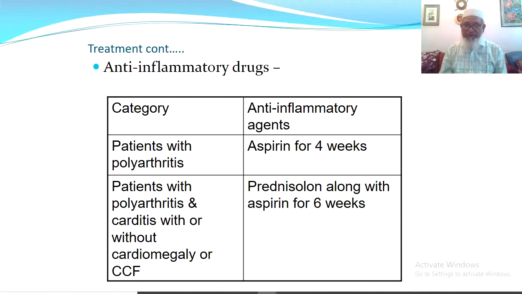The most common and efficient anti-inflammatory drug is aspirin. If there is arthritis, aspirin should be given for 4 weeks. If there is arthritis and carditis, but without cardiomegaly and congestive cardiac failure, the aspirin should be given along with penicillin, and it should be continued for 6 weeks.